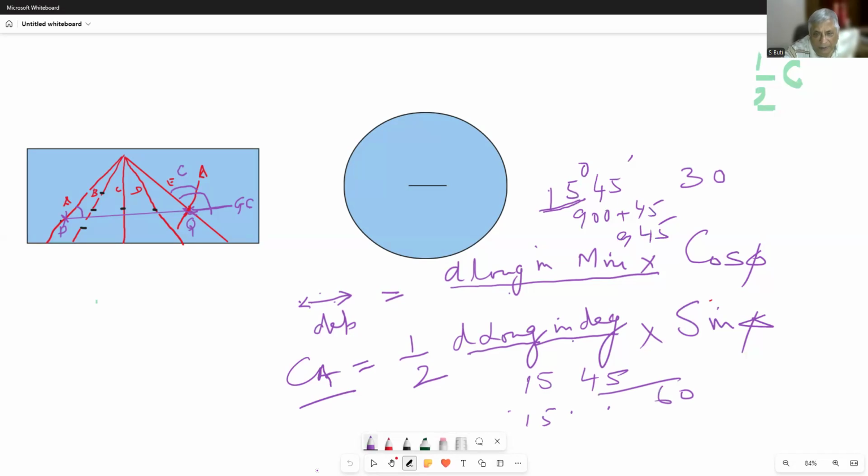That will be 0.75. Now here I will write down dlong in degrees is 15.75 degrees. Now multiplied by sine of 30, not the cosine, sine of 30, and you will get your conversion angle.